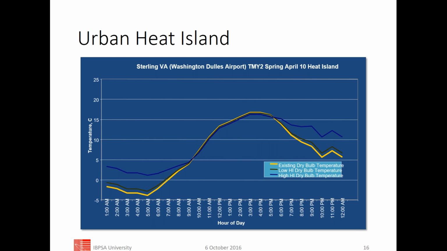The heat island effect essentially means that overnight temperatures, as you see in my graph here, these are 2 cases, 1 and 5 degrees change, this happens to be Washington Dulles Airport, tend to stay higher at night, until about sunrise.